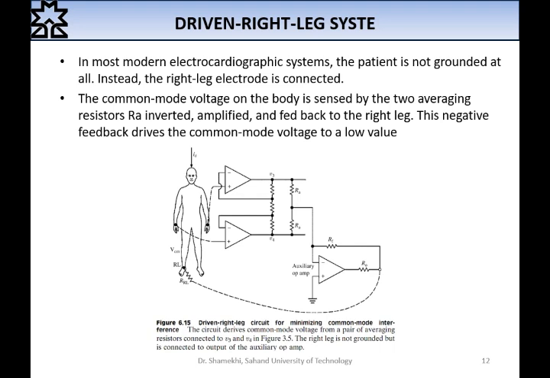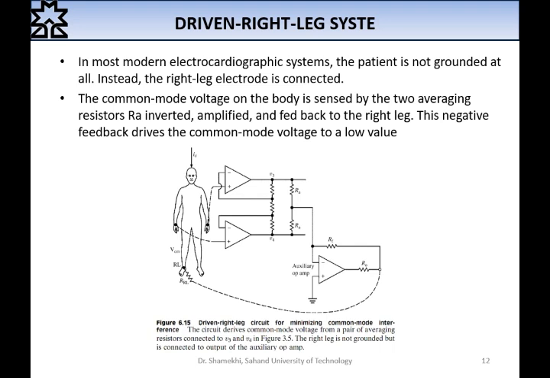Another important part of a recording system, especially for ECG, is right leg driver. In most modern electrocardiographic systems, the patient is not grounded at all. Instead, the right leg electrode is connected.